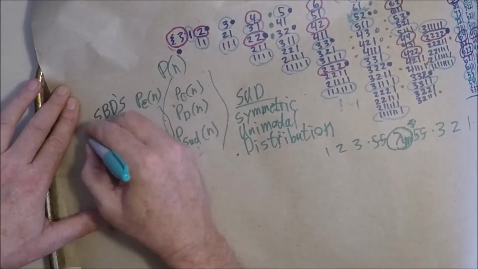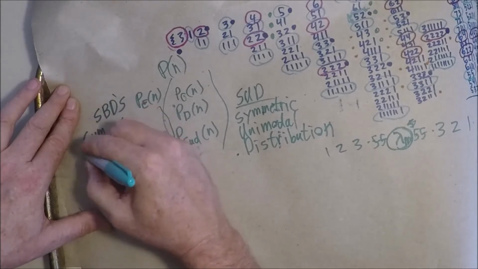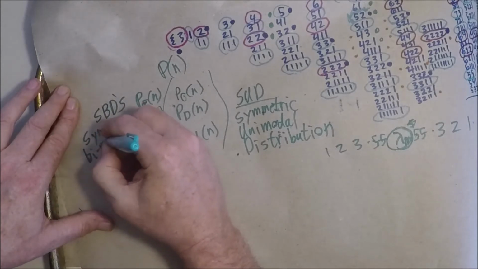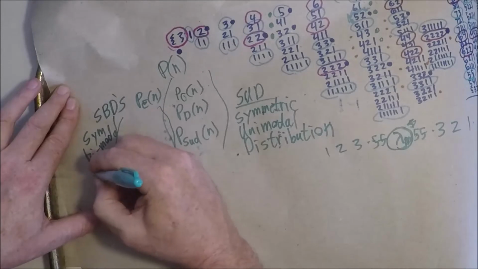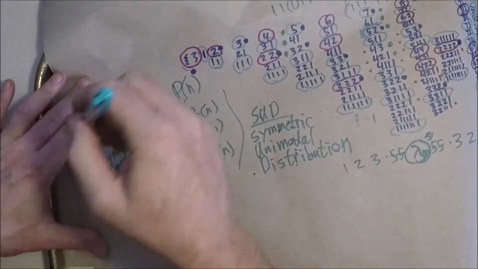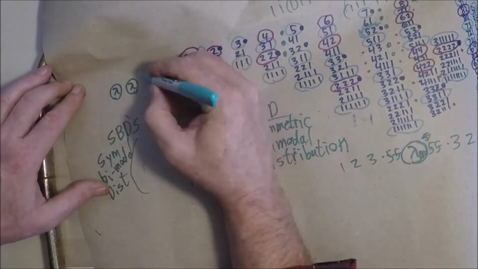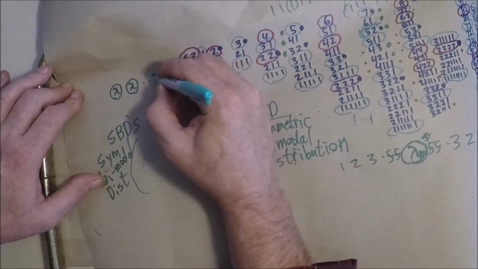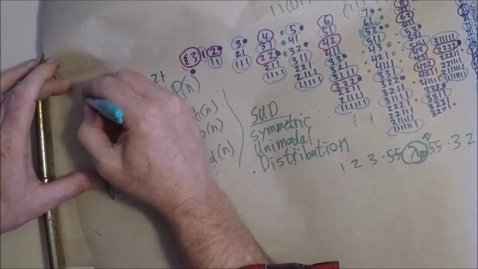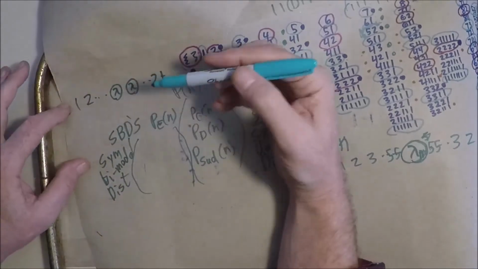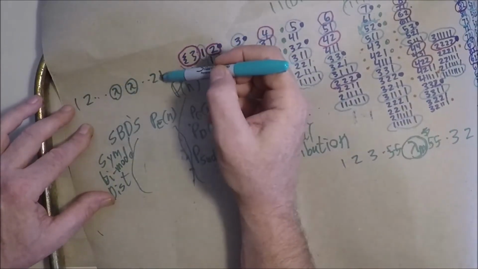And those are SBDs, and that's symmetric bimodal distribution. And that means that there are two mode values that are equal, and then a symmetric distribution on either side. So it's the same thing, only now we're talking about even number.